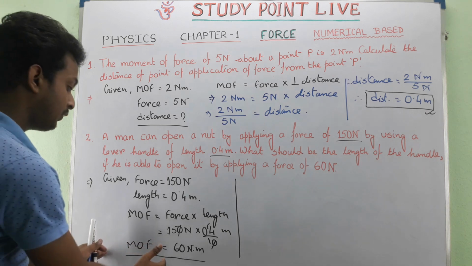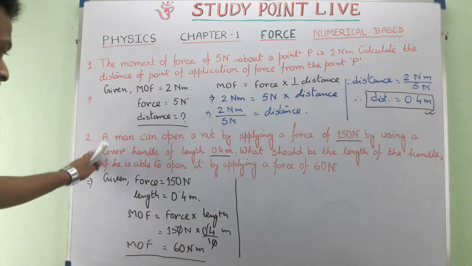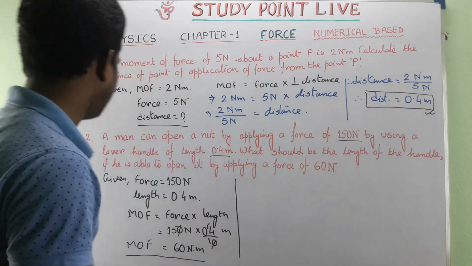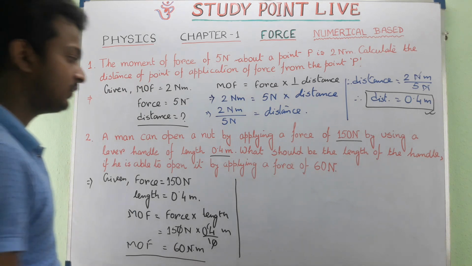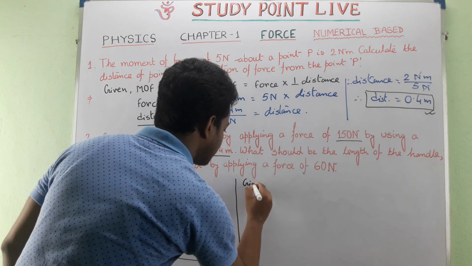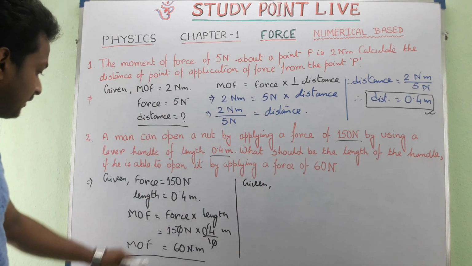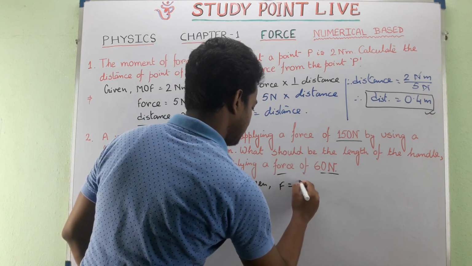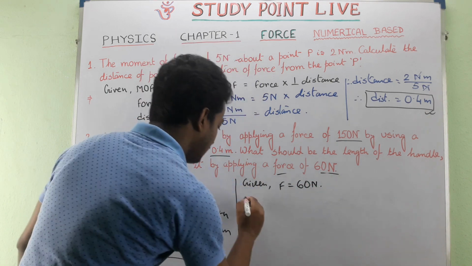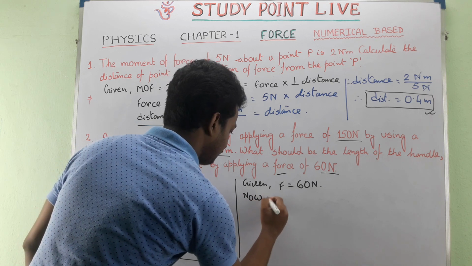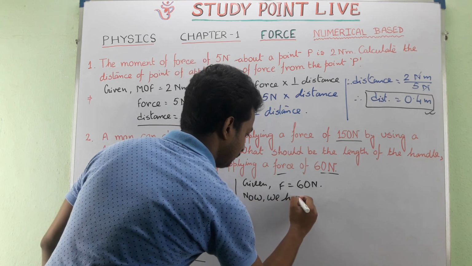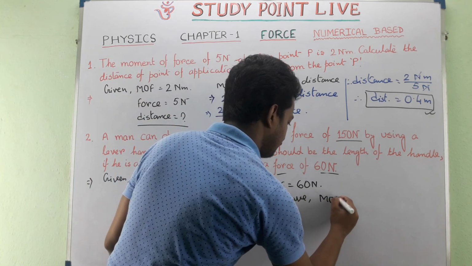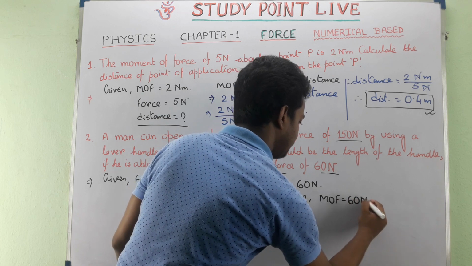Now, this was basically the first part of this second question. Now we are moving to the second part. What should be the length of the handle if he is able to open it by applying a force of 60 Newton? For the second part, the moment of force is given, it is 60 Newton meter.